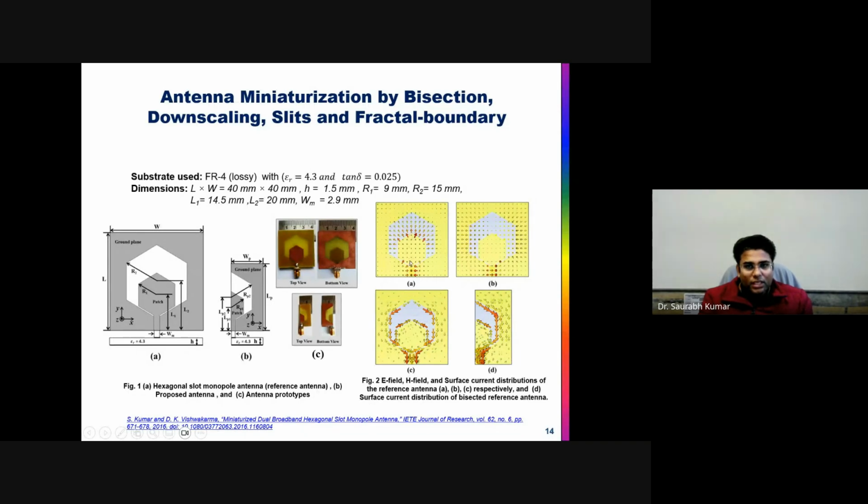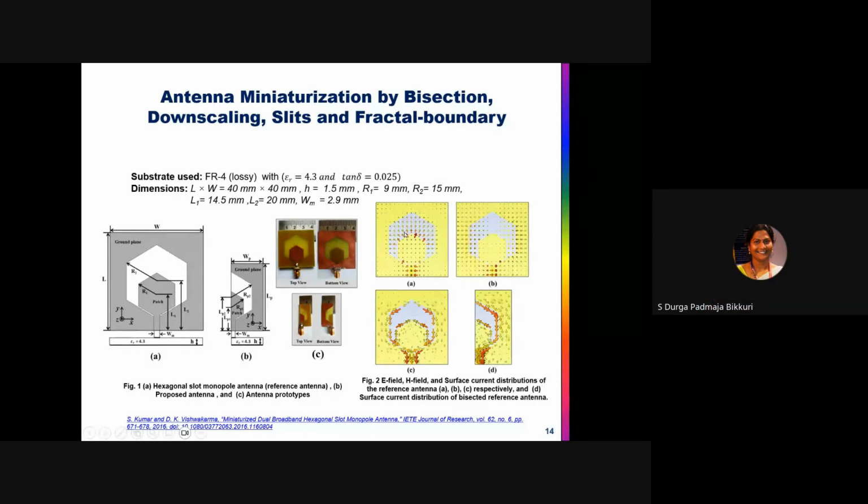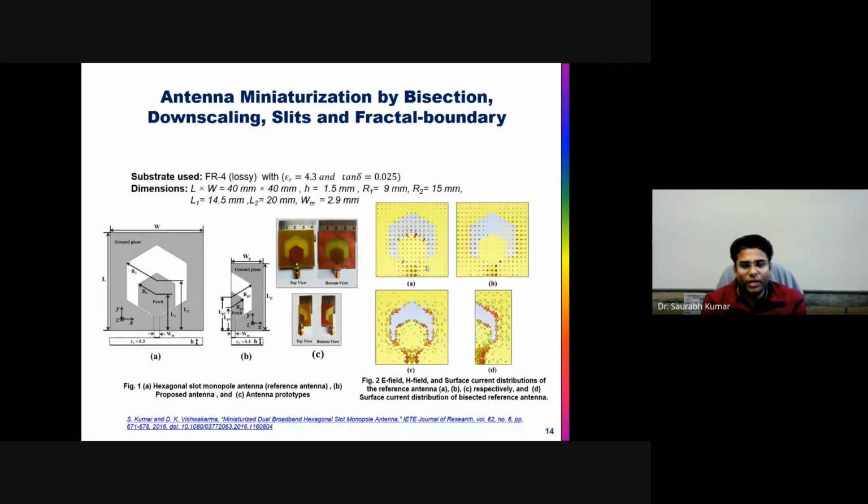As it is a monopole, you will also look into the symmetric distribution of the E field. You have to cut the antenna from its symmetric boundary, and here the symmetric boundary is coming along the YZ plane. So this is the YZ plane, and that is why it is just bisected in this plane.